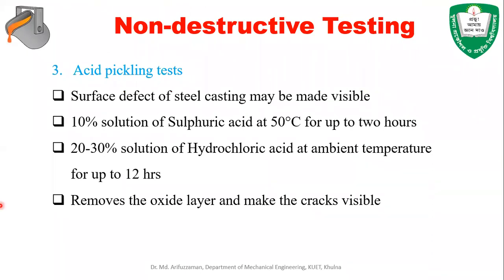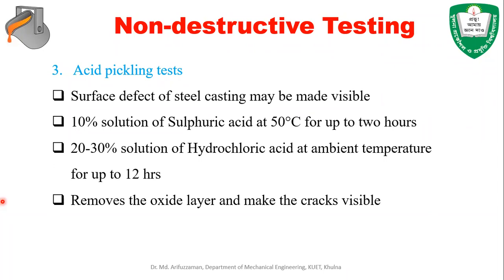Okay, next one is the acid pickling test. This is actually similar to etching. When we talked about metallography, there was a step which is called etching. When you use acid on the surface of the material, a polished surface, then the microstructure will be visible.